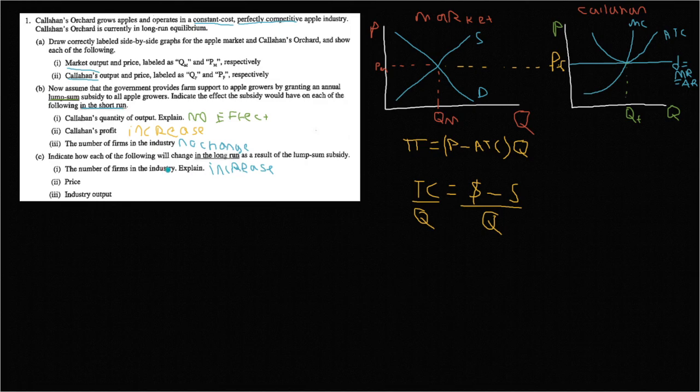And again, I'm not going to write this down even though it says explain. But the idea is that they will see that there is more profit, and so firms will want to go and enter the market. And so this idea of profit will make more people want to join this market, and that's the simple thing.